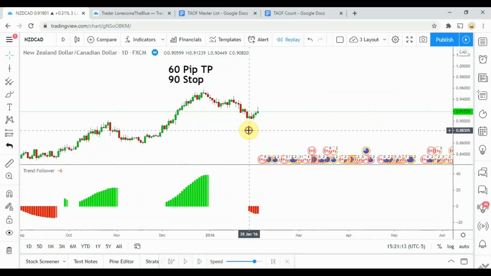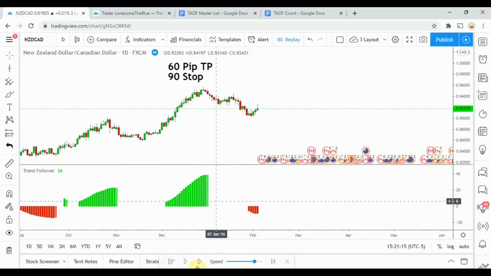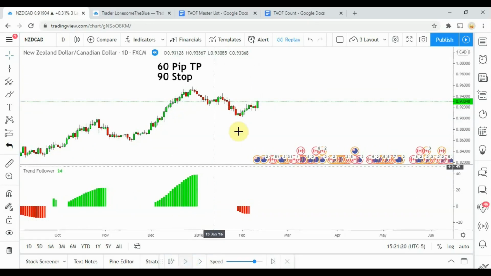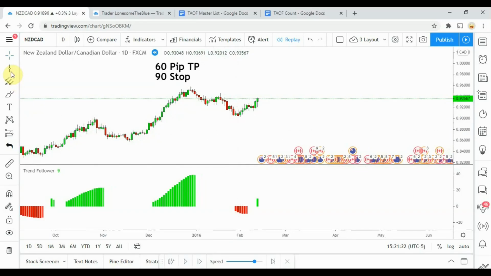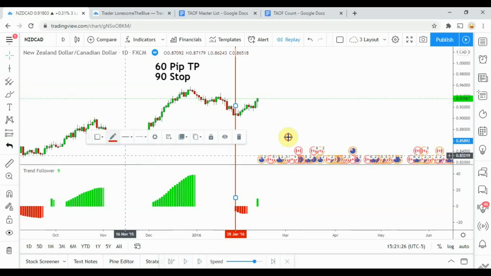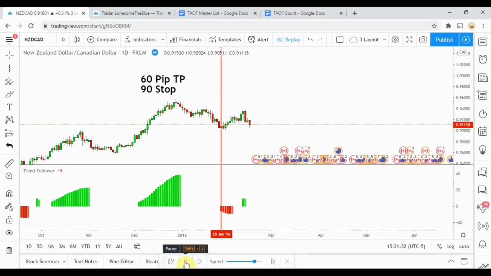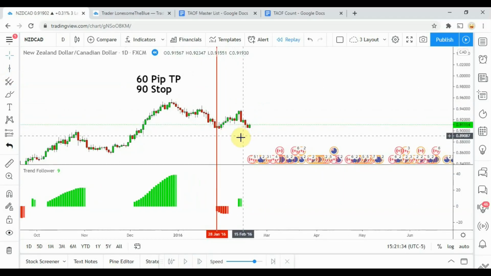So we pick up our first signal right over here. This is a short signal. And unfortunately, it looks like that will be a losing trade. Almost immediately reverses and takes off on us. Then we pick up a long trade over here on this side.